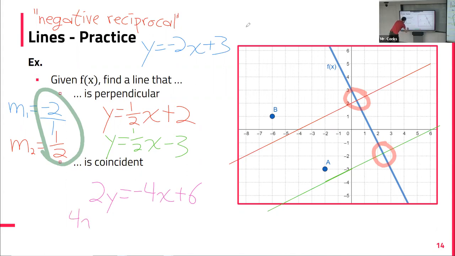We could have it looking like this: 4x plus 2y equals 6. So we could have a form that looks like this, and then we say this other thing, y equals negative 2x plus 3. And we first think, well, those look like completely different lines. But then we just do some rearranging, simplifying, and then we realize, oh, wait, those are the exact same thing. Or we draw both of them on the graph and we realize they're perfectly overlapping and then they're coincident.